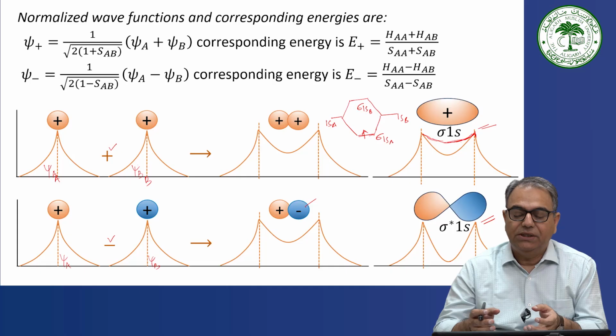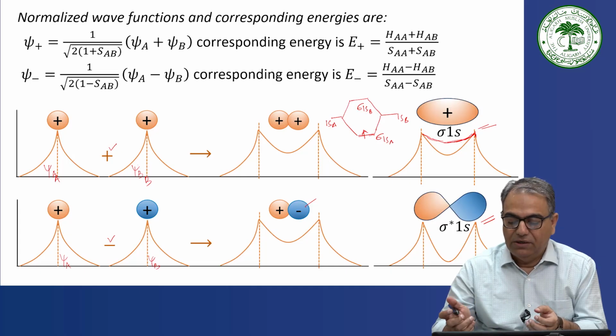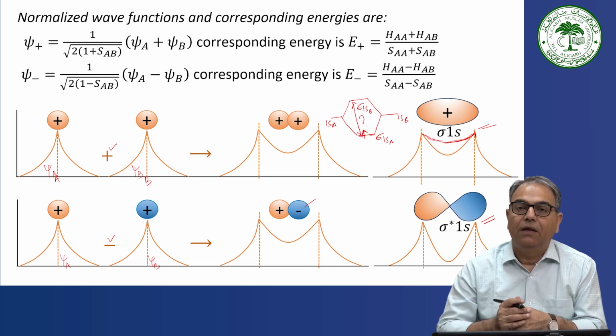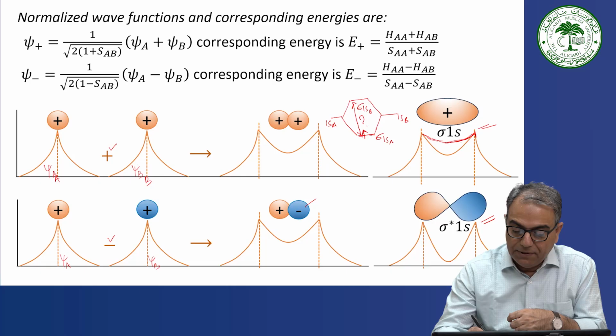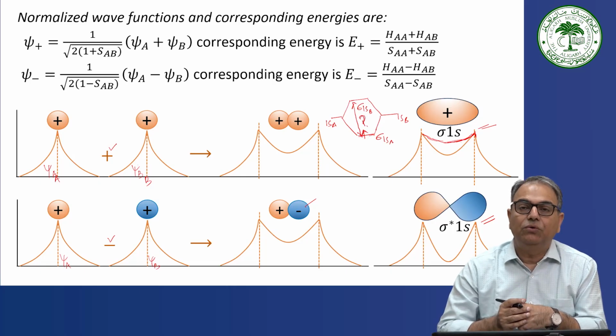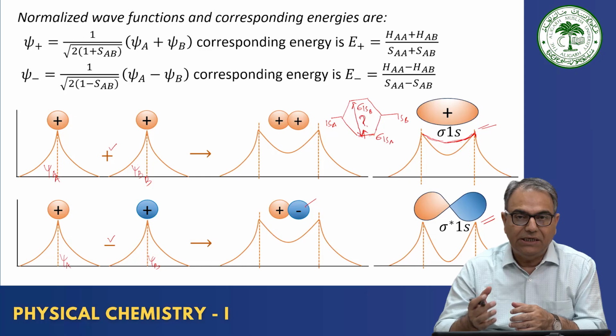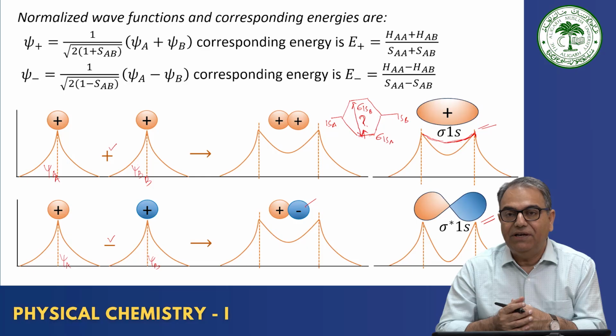What we can do is find out what the energy gap should be between these two molecular orbitals, meaning the bonding and anti-bonding molecular orbitals. Another thing we can do is that whatever energy we have written here is in terms of HAA, HAB, SAA, SAB.